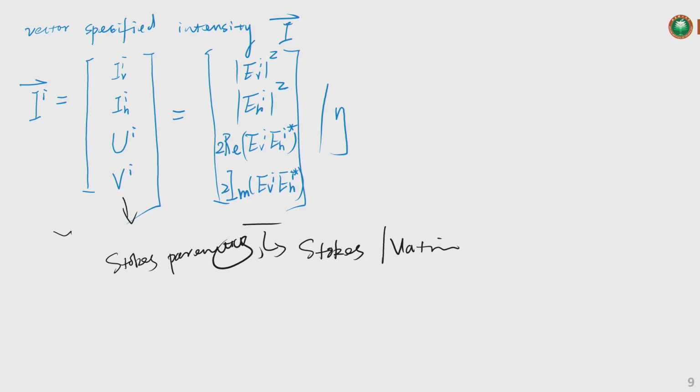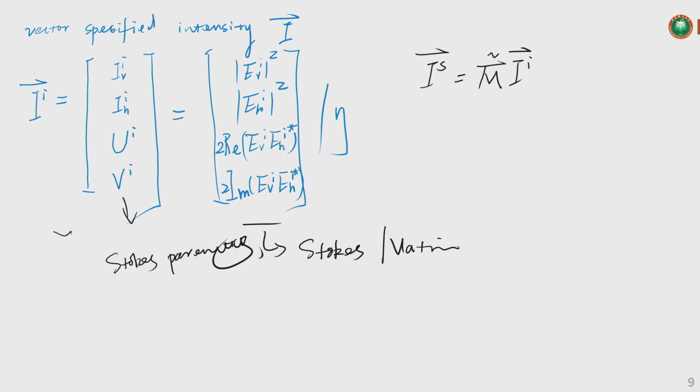And so now we get the expressions for the incident beam, and one can also get the expressions for the scattered beam. Alright, so as we did with the electric field, for the intensities there should also be a transform matrix, and so I_S equals a transfer matrix times I_i, right?